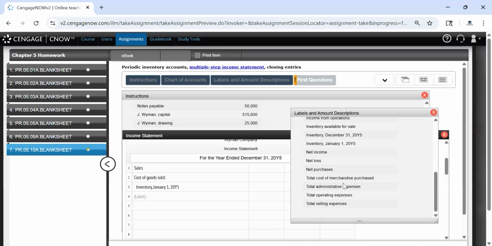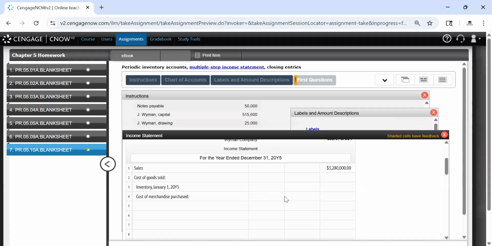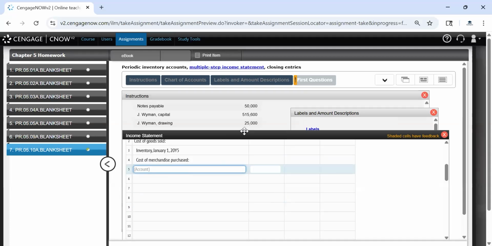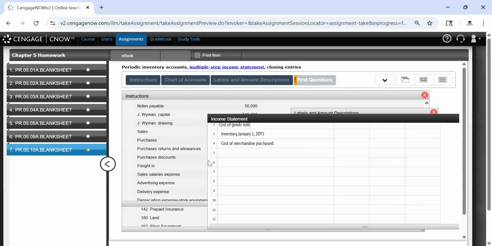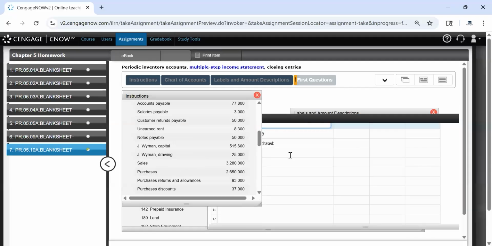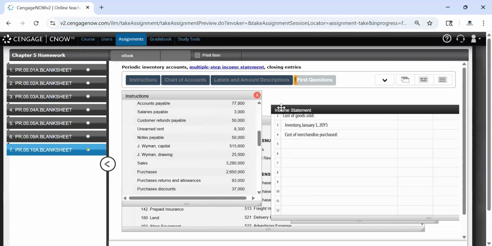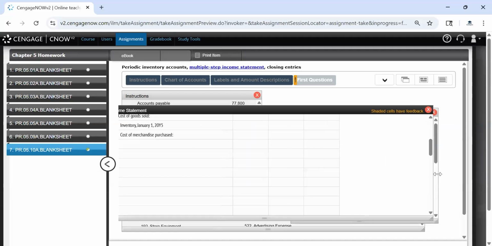So now we have to calculate our cost of merchandise purchased, and the accounts related to it. Hold on while I rearrange this a little bit.